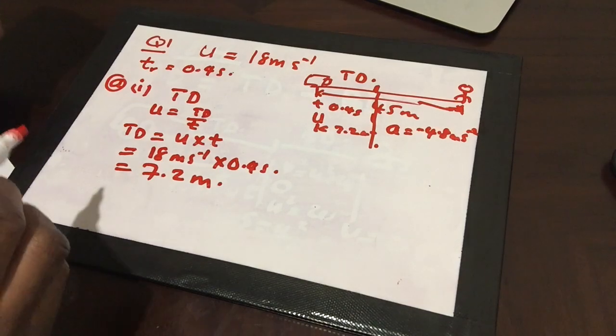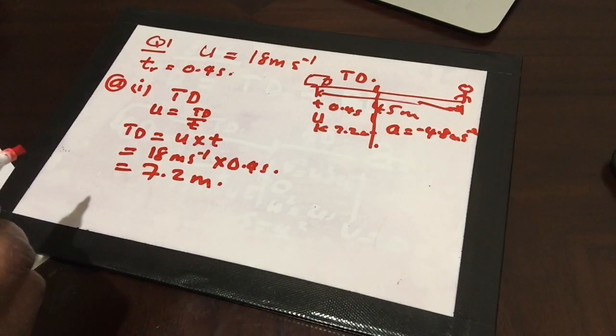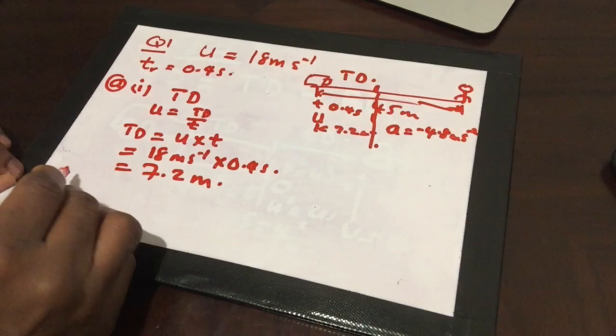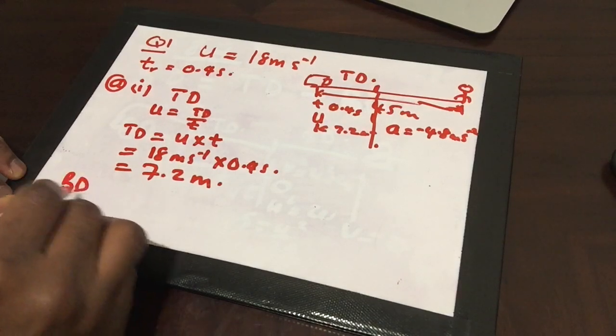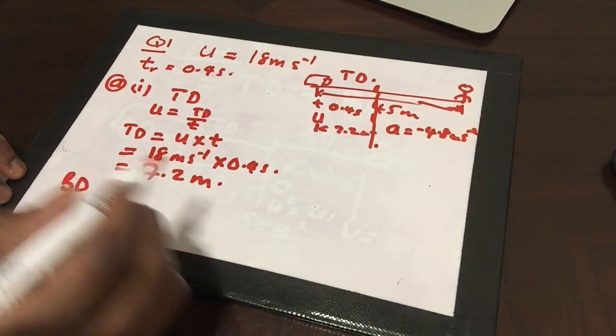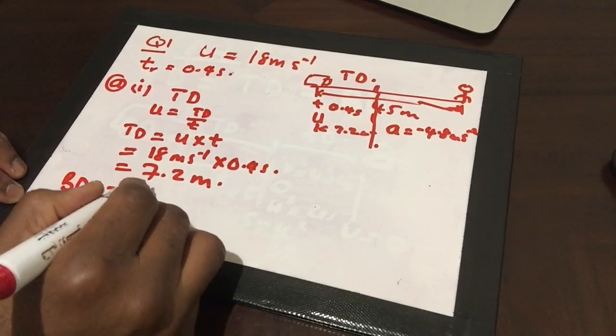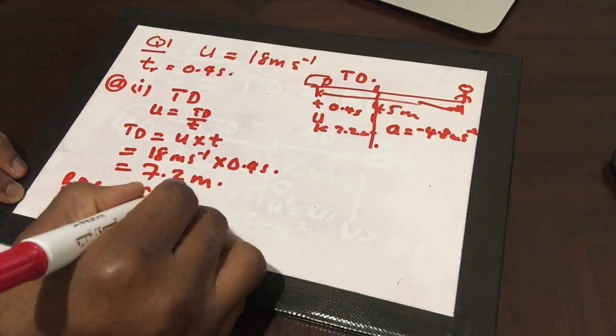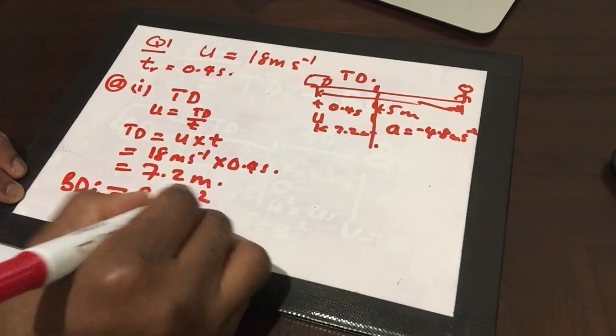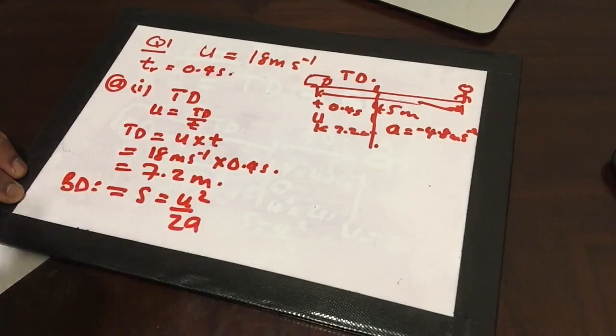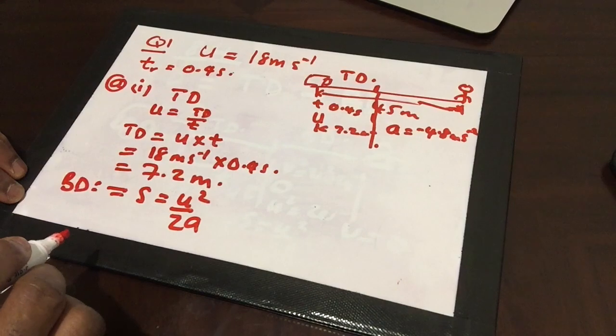So let's now work out the next challenge, the braking distance. Our braking distance, as we have seen in our previous clip, is going to be S equals u squared over 2a, and that is already worked out in our previous slide.